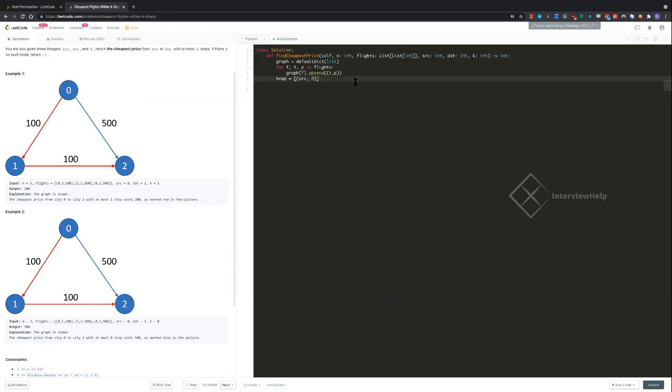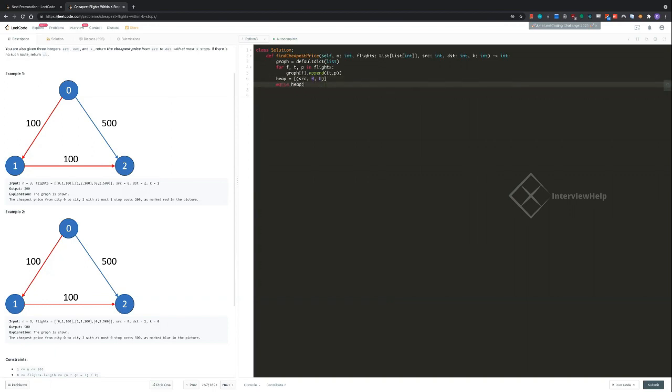And then from there, we're going to keep on popping. We pop the smallest cost first, and if the node is equal to the destination, then we just return the price. So we're going to push in the price too, starting at 0 price as well.